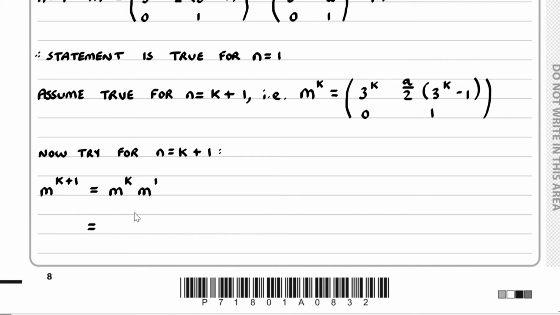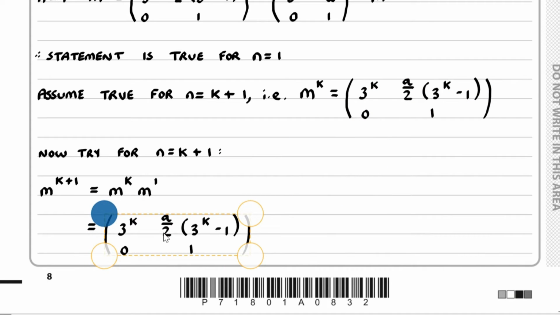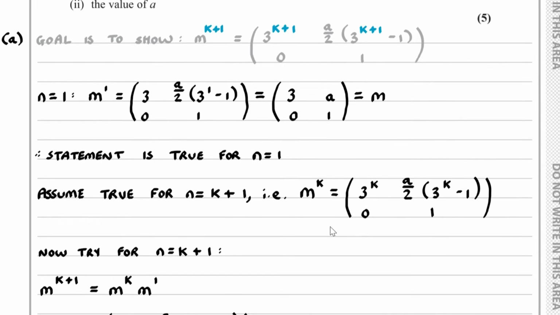Now M to the k, using our assumption step here, we have 3 to the k, 0; a over 2 times 3 to the k minus 1, 1. And then we multiply this by M to the 1. Now M to the 1 we worked out over here as 3, 0; a, 1.